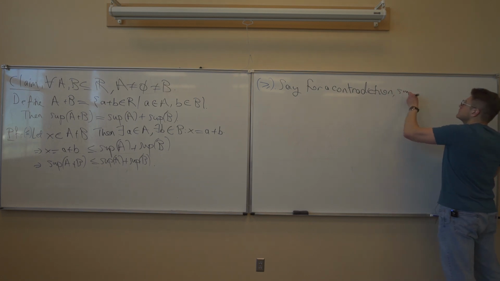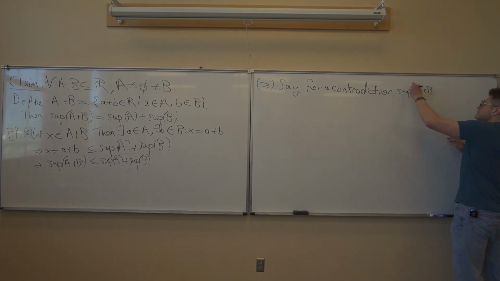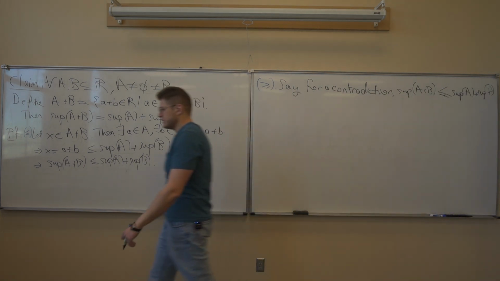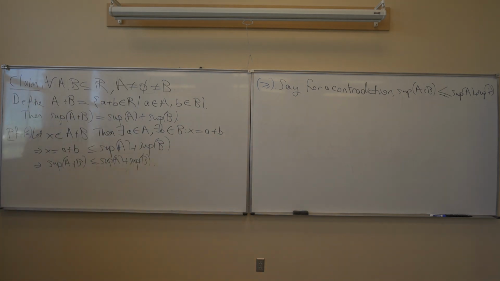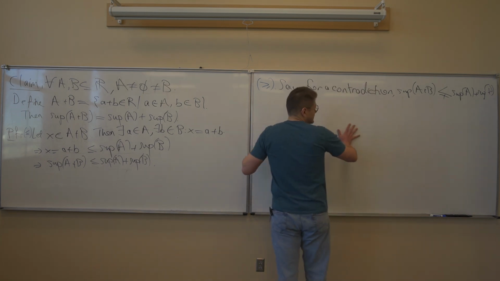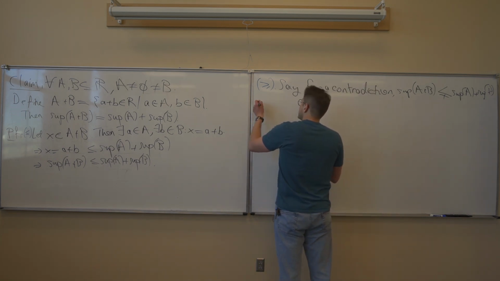Well, sup of A plus B is strictly less than sup of A plus sup of B. By one of the four properties of numbers, I know that I can inject some number in between them. In fact, it could be a rational number if I want it. It's not going to matter that it's a rational number really for this.